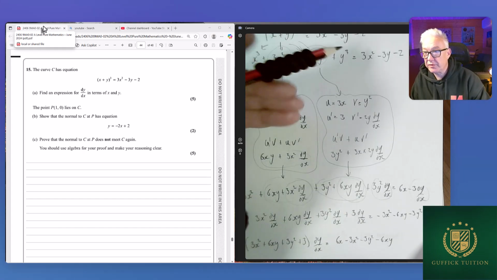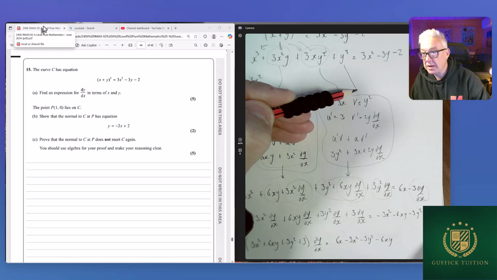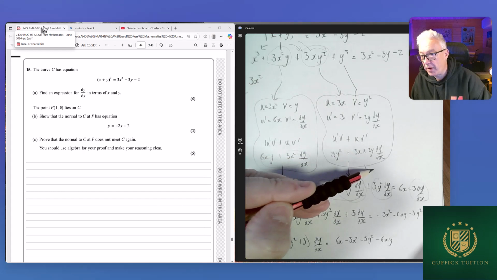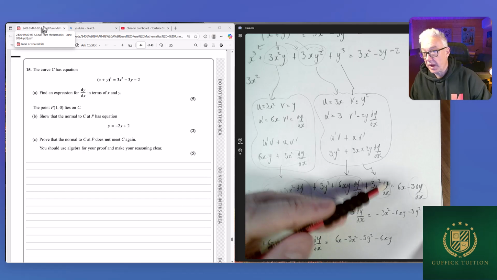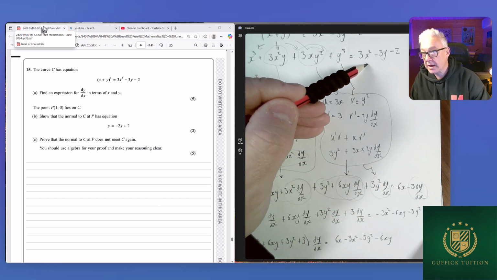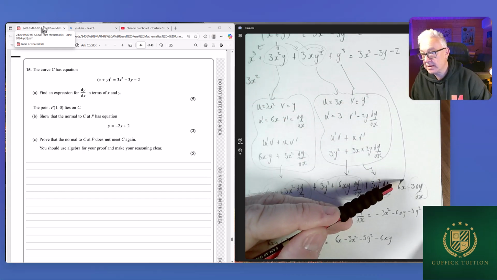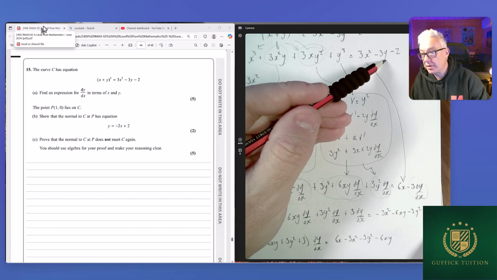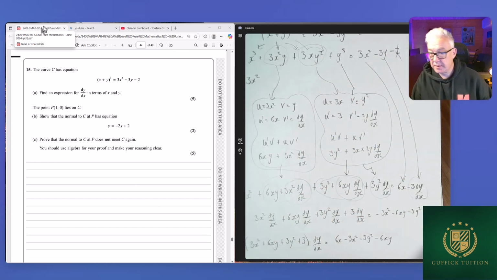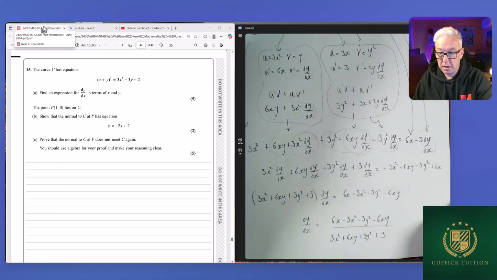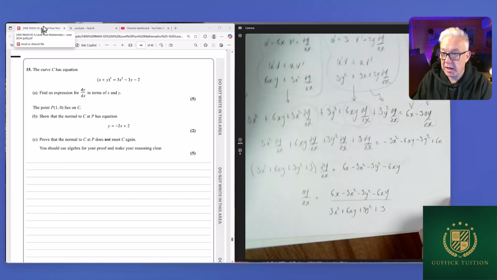So now we've just got to differentiate y cubed. That goes to 3y squared dy by dx. And then 3x squared differentiates into 6x, and then minus 3y goes to minus 3 dy by dx, and the 2 disappears. So we've got a rather long and cumbersome looking expression here.